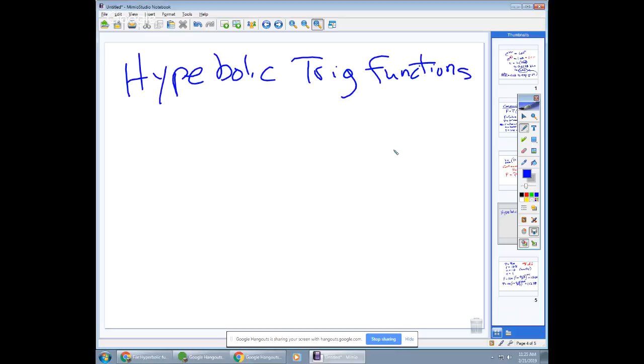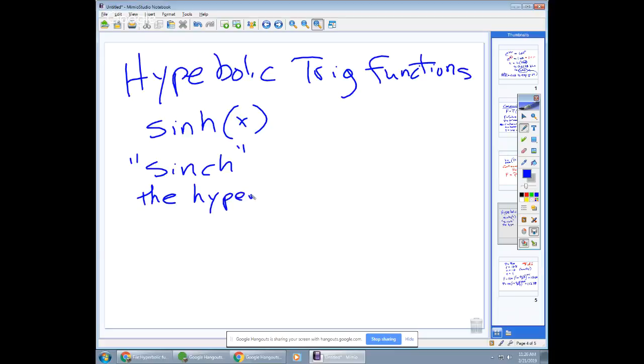So we have a function called the sinh, which is often read sinh, and sinh is the hyperbolic sine.